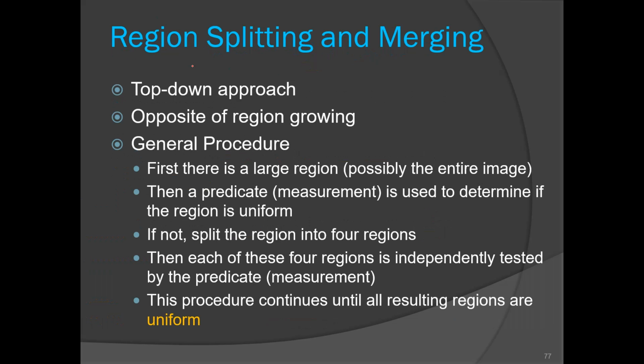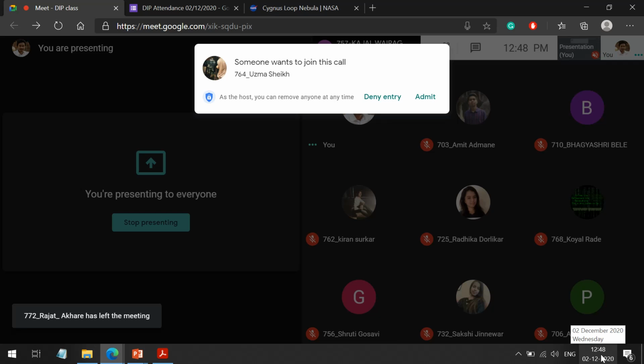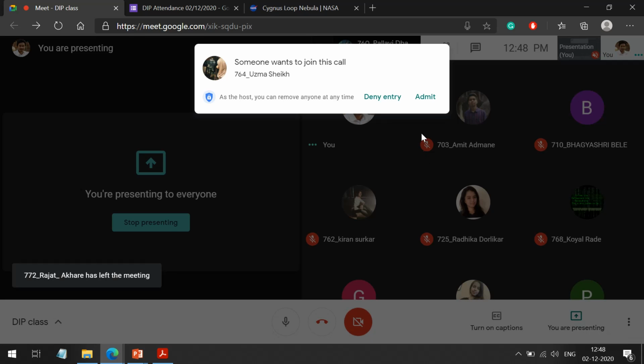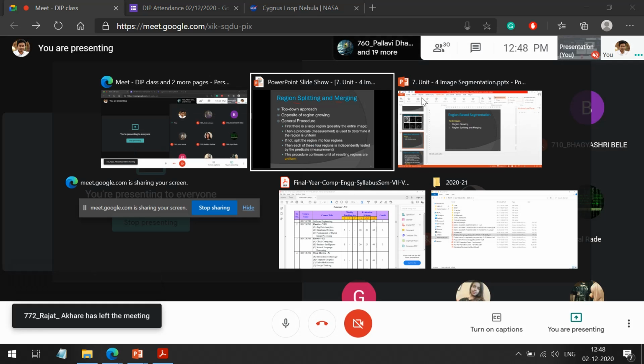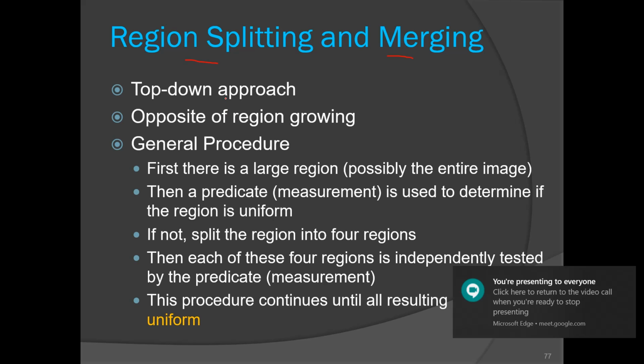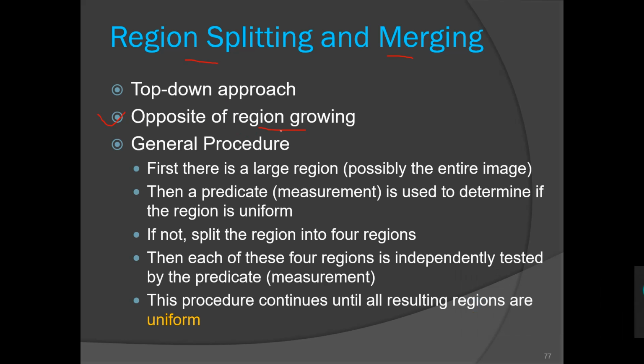Now the second technique is region splitting and merging. Here we follow a top-down approach, and its working is opposite to region growing. So first, what is the general procedure? We start with the largest region, possibly the entire image.